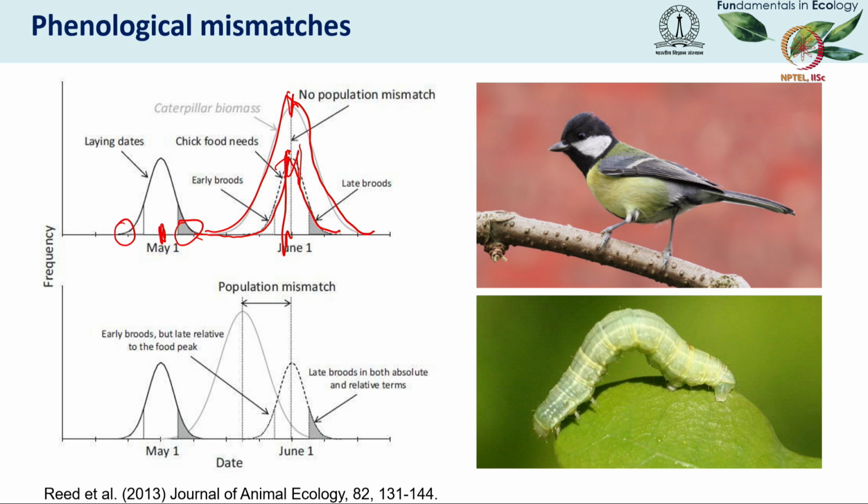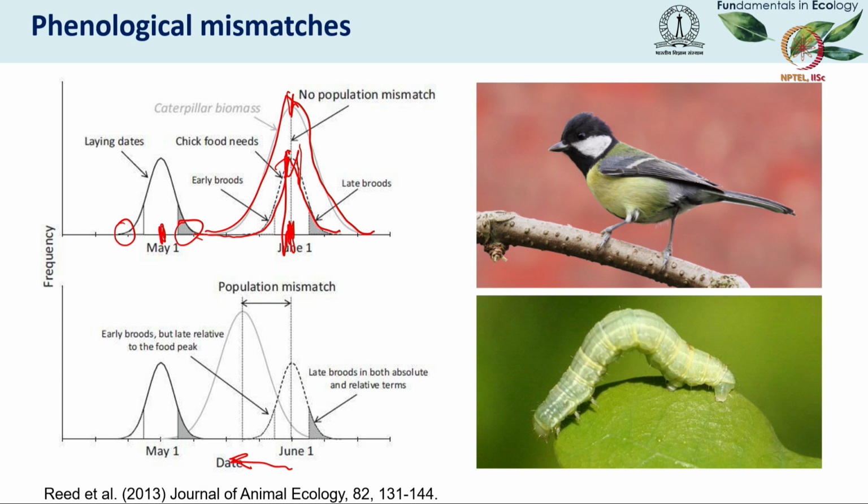With climate change, what could happen is that these caterpillars, if they're using temperature as a cue to hatch from their eggs, might, instead of most of them emerging on June 1st, shift their emergence date to an earlier part of the year.